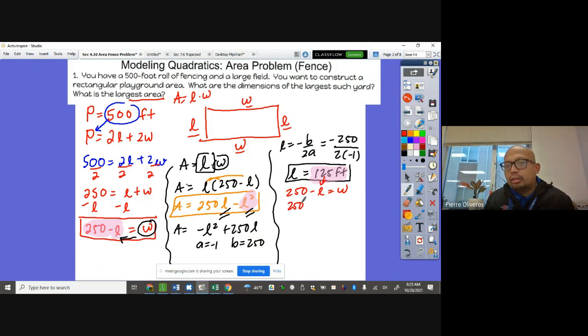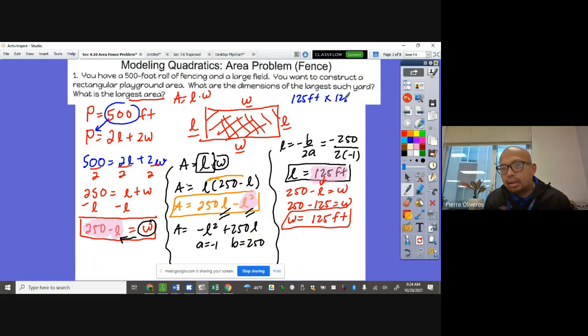That will give me 250 minus 125 is equal to W. So therefore, the width is 125 feet also. Right? So what kind of figure are we dealing with here? This is a square. Because the question here is, what are the dimensions? So we have answered that portion already: the answer is 125 feet by 125 feet, right?